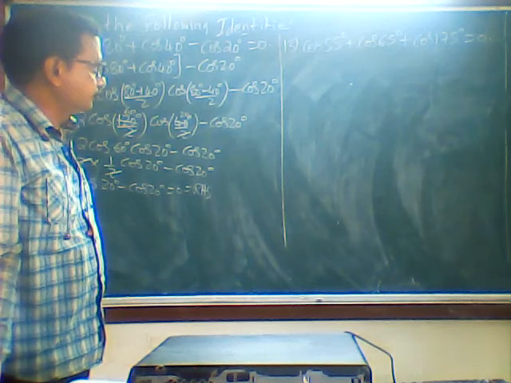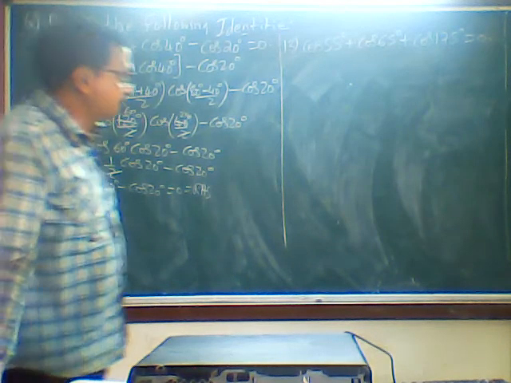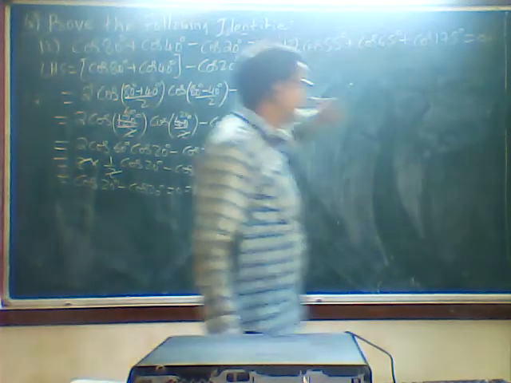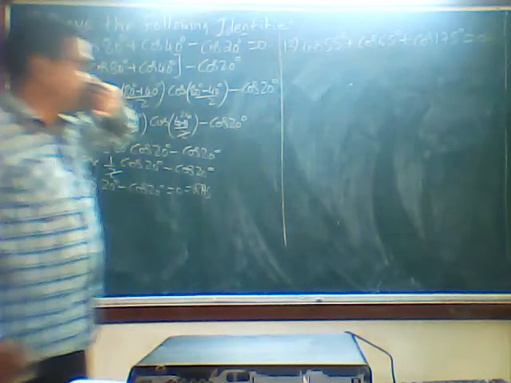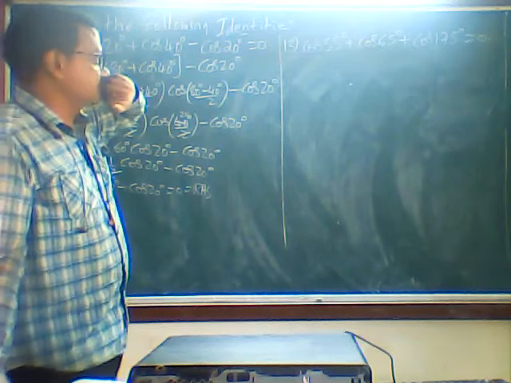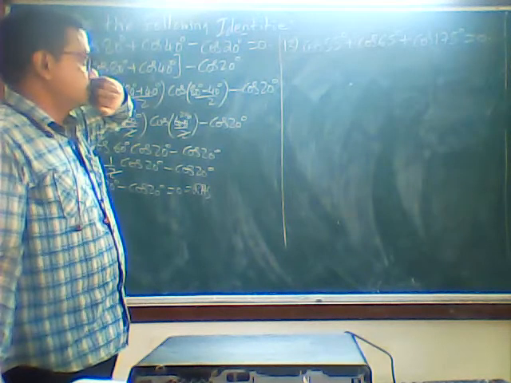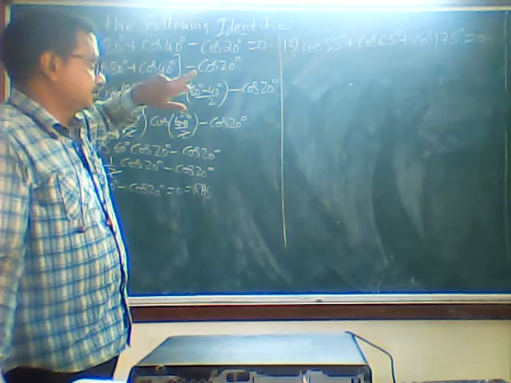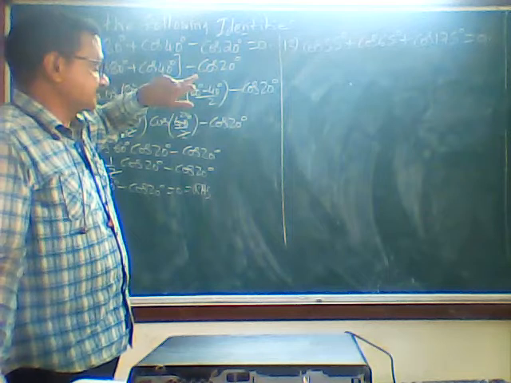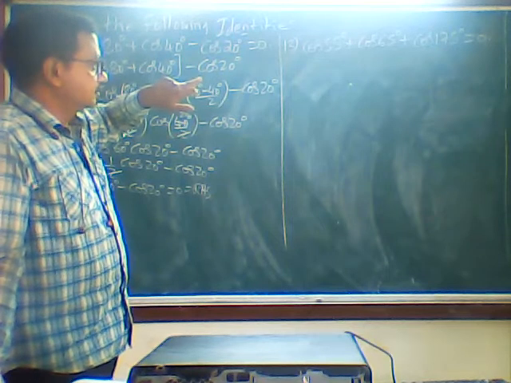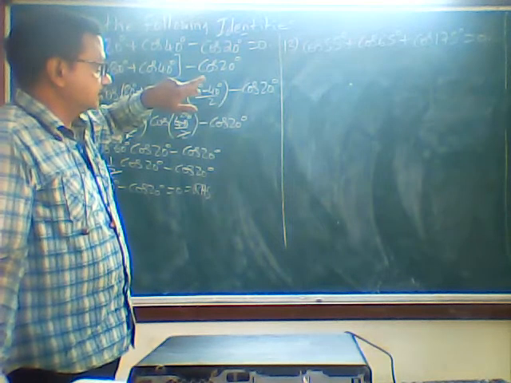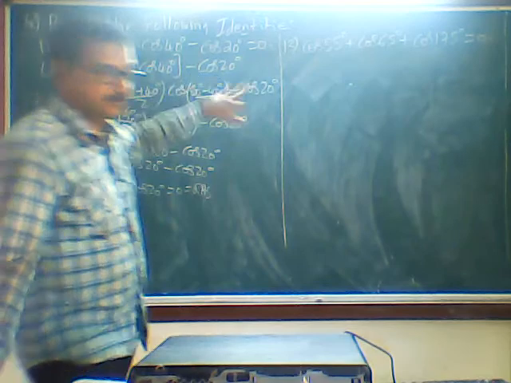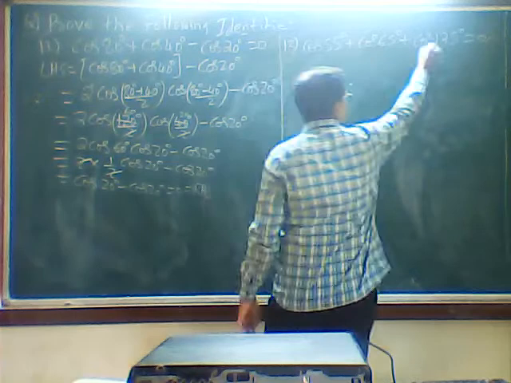There is no use, so I will go with this and this. 175 plus 65 is 240. 240 divided by 2 is 120. And 175 minus 65 is 110. 110 divided by 2 is 55 degree. Okay, I'll go with this.